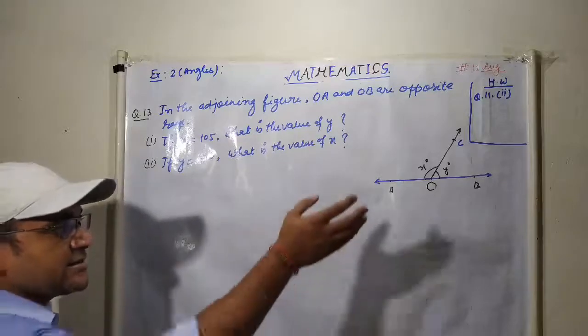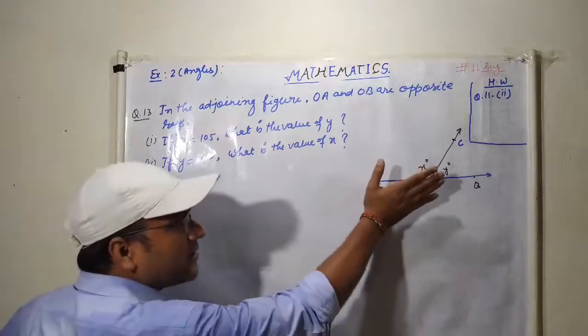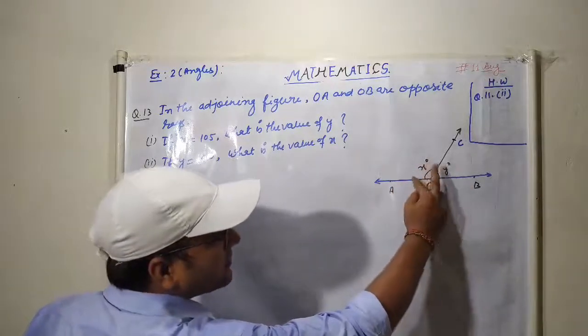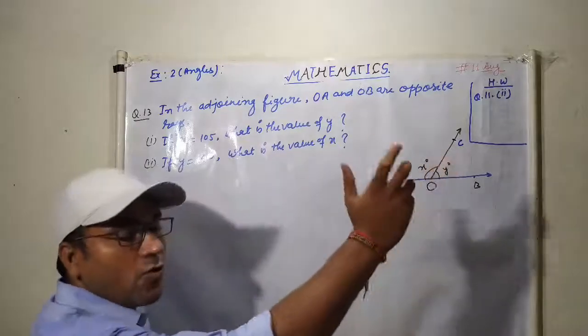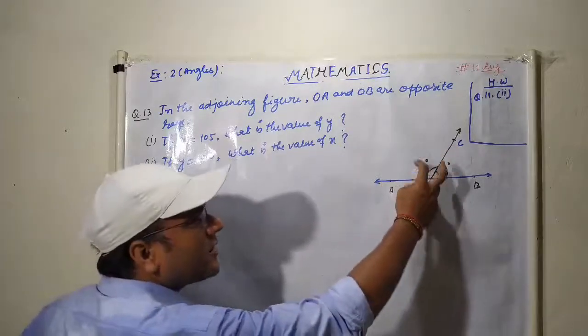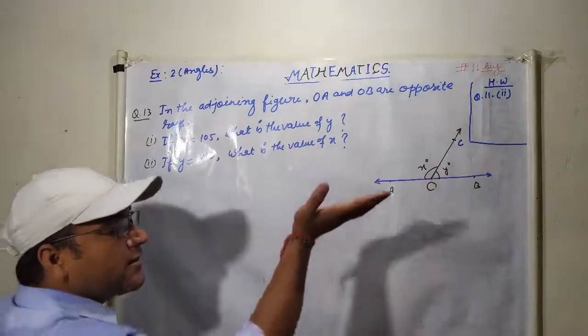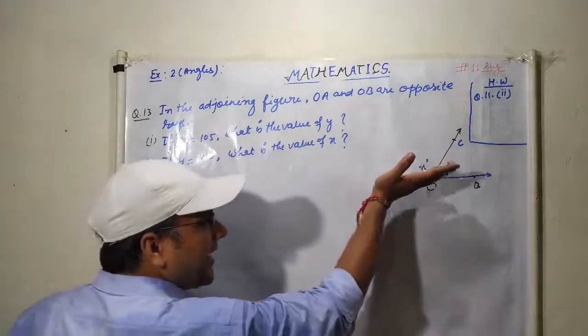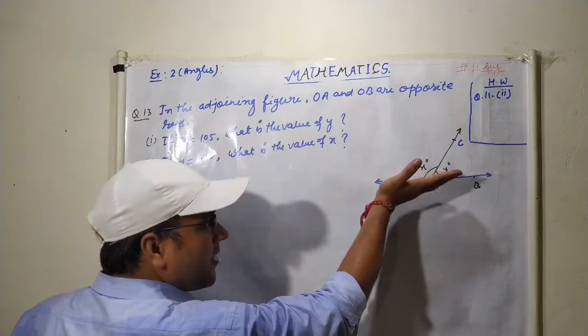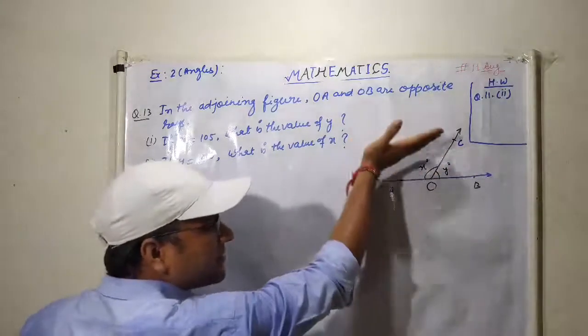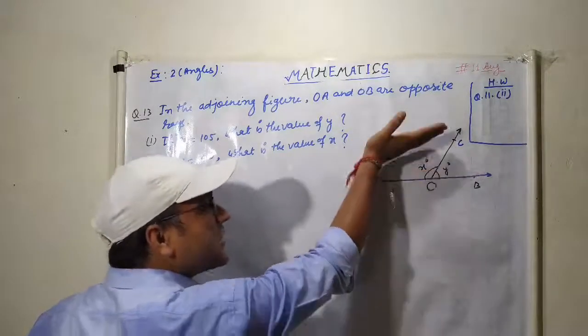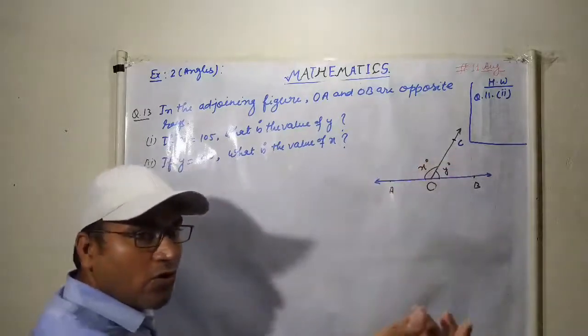So, very easy, by seeing this figure you can see the sum of these two angles is equal to 180 because they are forming a linear pair. And you know one more thing: the sum of all the angles on one side of a line is also 180.